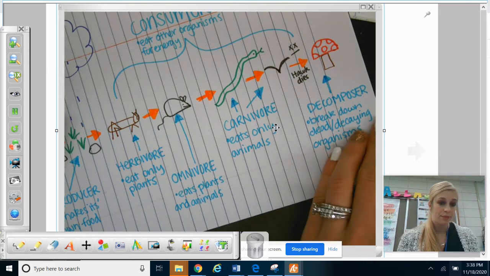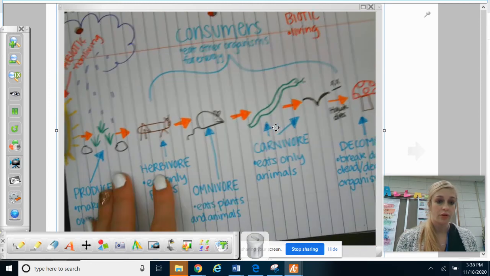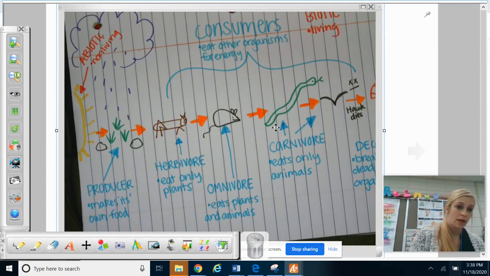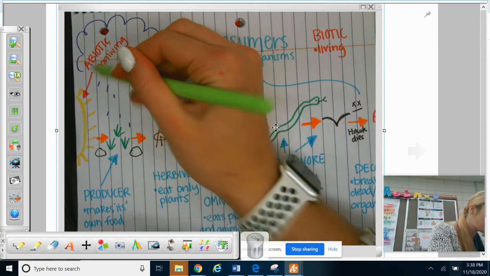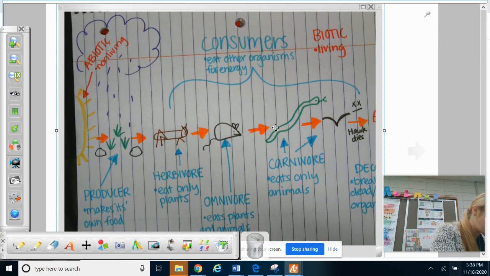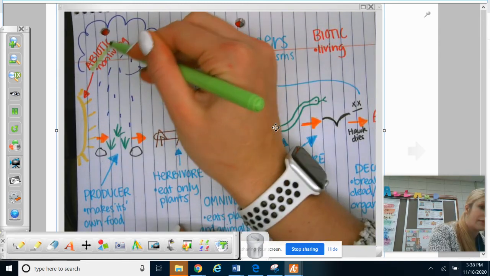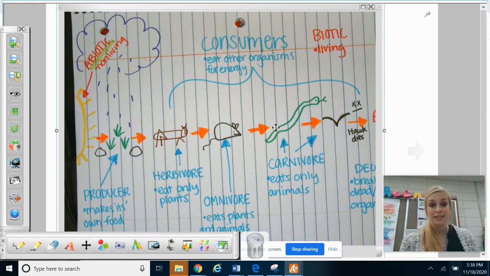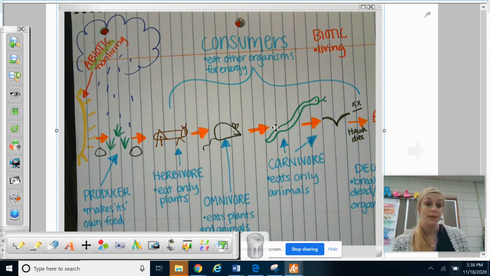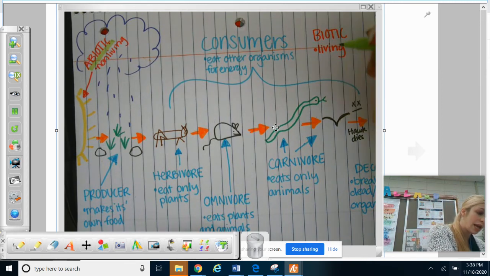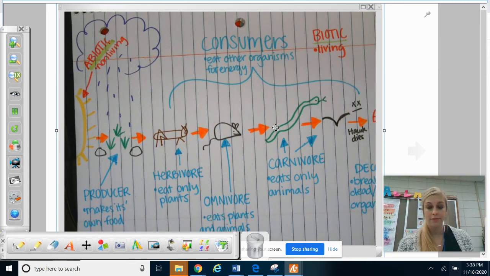So, let's review all of our vocab real quick. Abiotic. Abiotic means non-living. It is not alive. That would be air, rain, rocks, the sun. Biotic is everything that is alive.